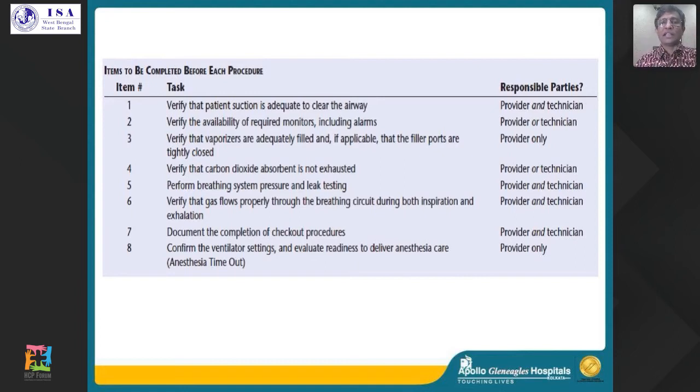And this is a very common thing: a pediatric patient happens and then an adult patient comes, or vice versa, and you have not changed your alarm settings, you will not detect a partial disconnection. Carbon dioxide absorbents, breathing systems properly placed, your airway equipment, gas flow, documentation, whether the checkouts have happened or not.